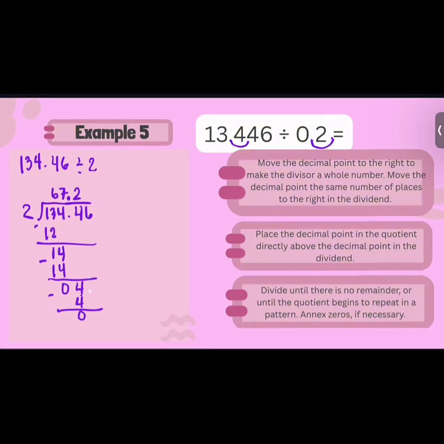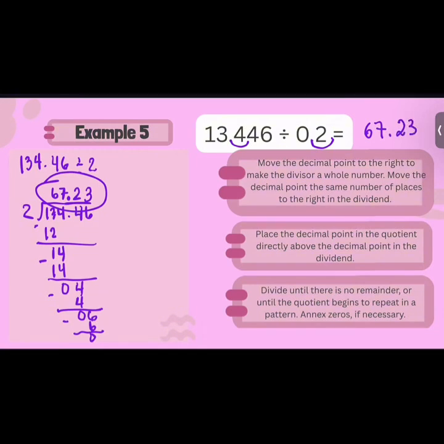Then 6 divided by 2, this is equal kay 3. And 3 times 2, it is equal kay 6. And 6 minus 6 is equal kay 0. Since this is already 0, and there's no next digit, then our answer is 67 and 23 hundredths.